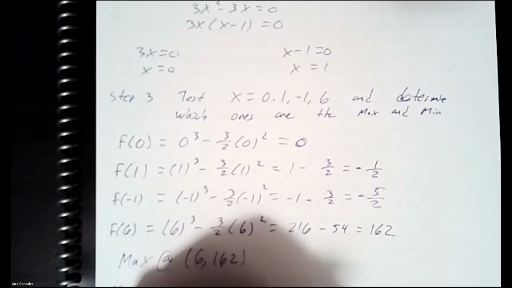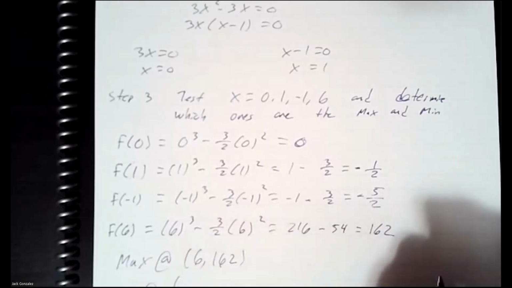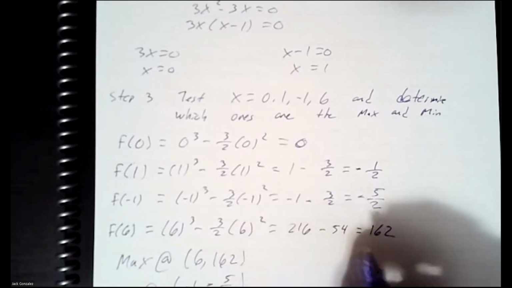The minimum looks like it's at -1. That makes sense. So whenever it's closed, you can just do that. Test, just see what's bigger when you plug in the endpoints and critical numbers, and that's it.